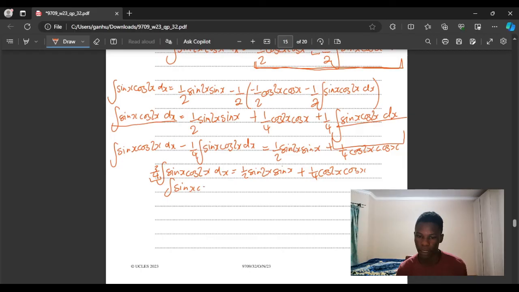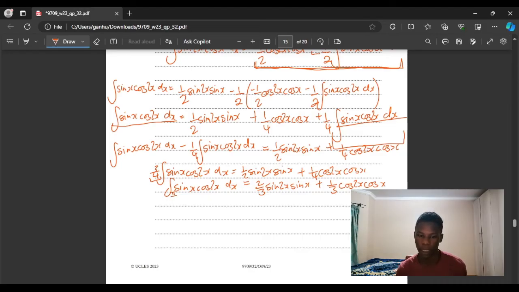so that will become the integral of sine x cos 2x dx is equal to 2 over 3 sine 2x sine x, and this would be 1 over 3 cos 2x cos x.